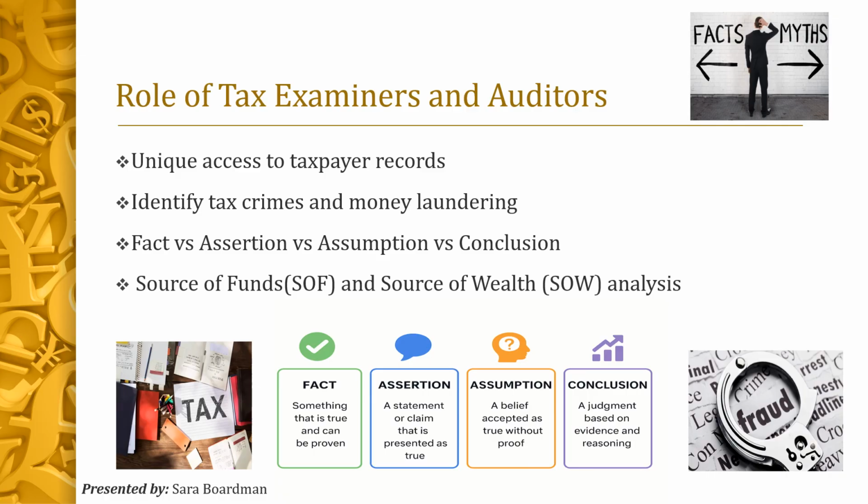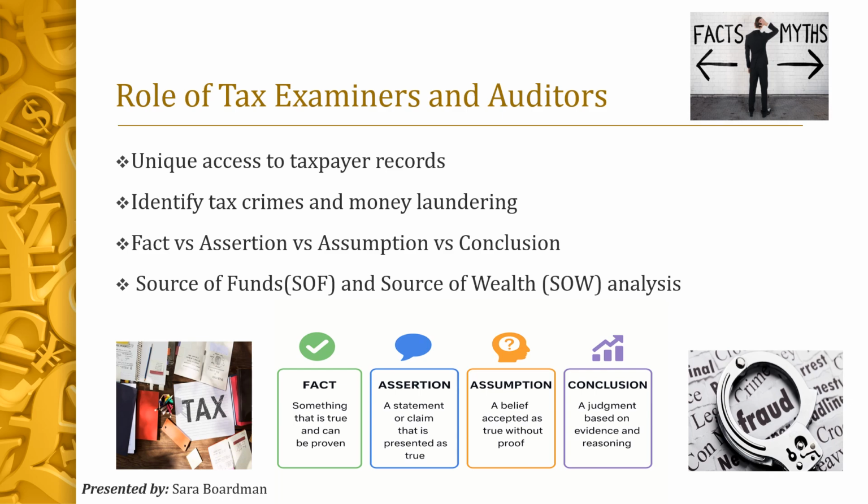So if we're distinguishing the key terms, we're looking at the facts, which can be proven with evidence, for example, a bank statement. Assertion, meaning someone's statement or claim, but not yet proven. Assumption, which is a guess or presumption made with little or no evidence. And the conclusion must be a logical deduction based mainly on verified facts.